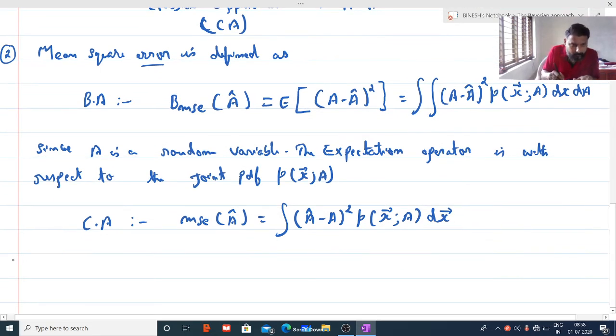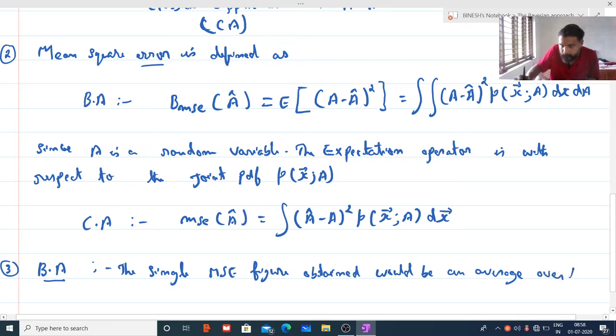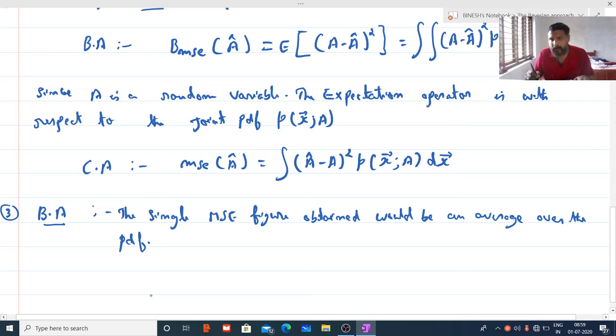The third point: in the Bayesian approach, the single MSE figure obtained would be an average over the PDF.